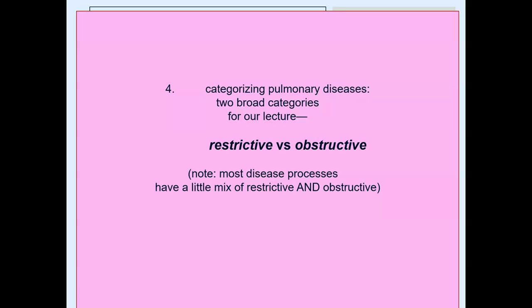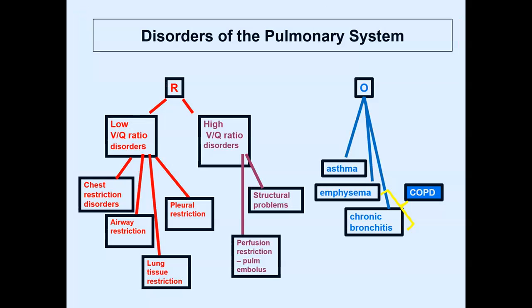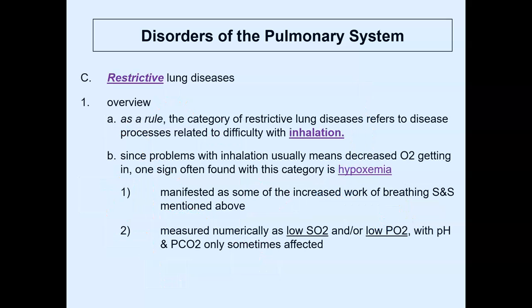In the real world, there can be a lot of mixture with these. So for our purposes, so that it's not confusing, we're going to divide them into two categories. And then there is a subdivision in the restrictive disorders. This is a very busy slide of the classification, but it'll make sense as we go through the presentation.